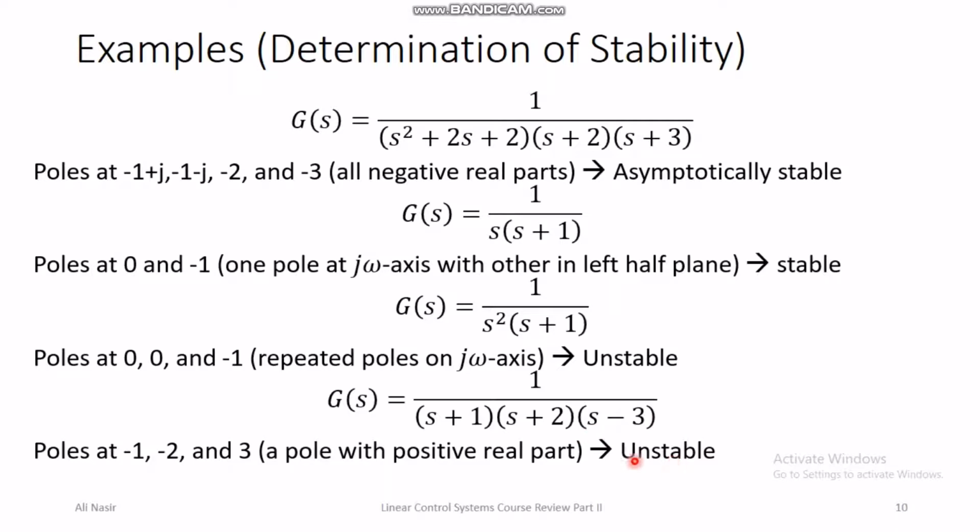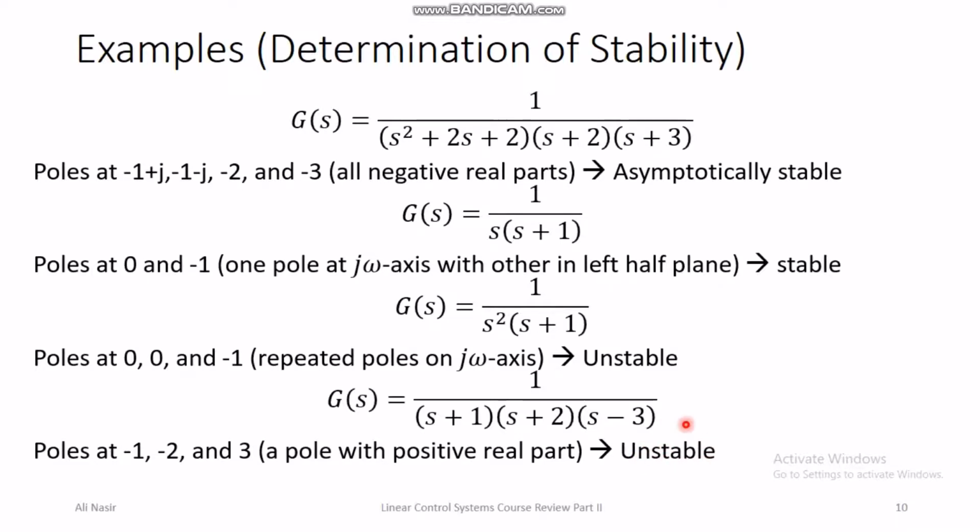This means that the output of the system will go to infinity as time approaches infinity, or at least the output will not be bounded. It cannot be contained arbitrarily close to the equilibrium point.